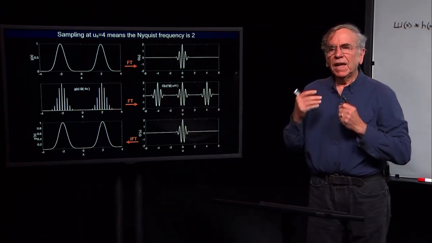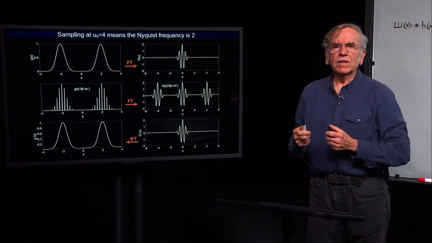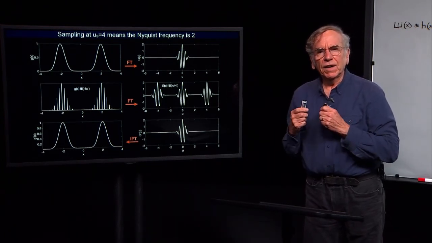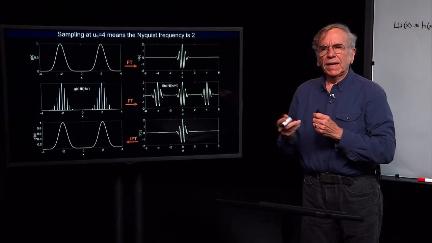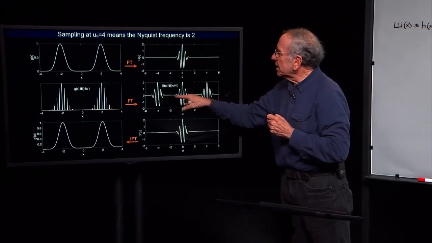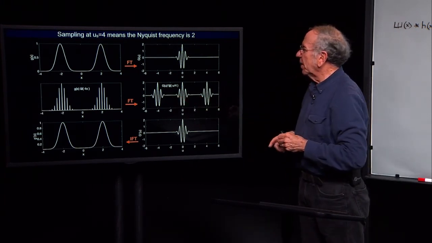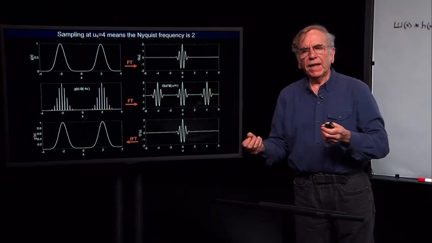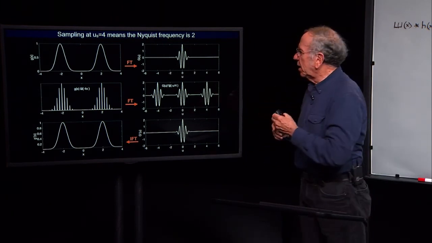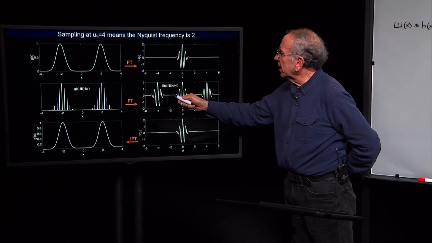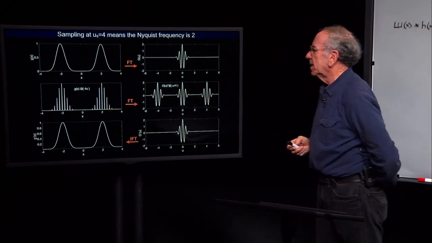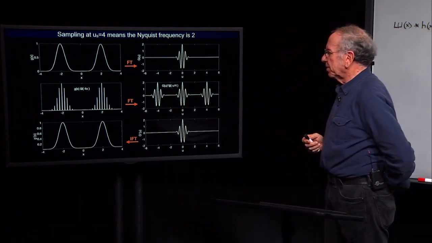Aliasing means there is a component that belongs to a particular Fourier frequency, U, that actually appears at the wrong point on the U axis because we are adding together the Fourier components from different copies of this Fourier transform.